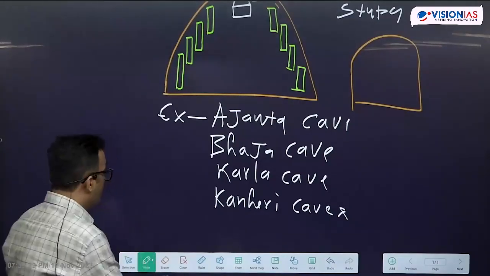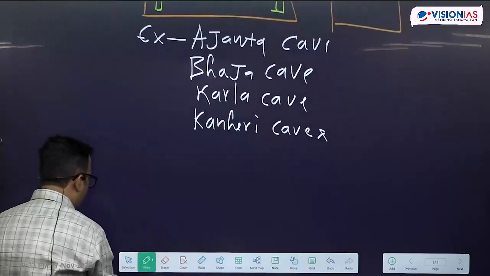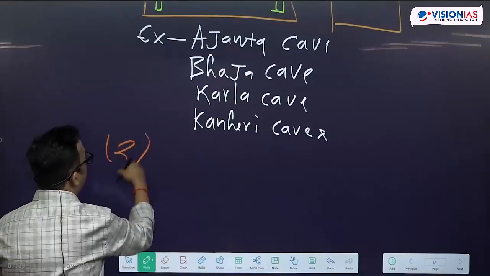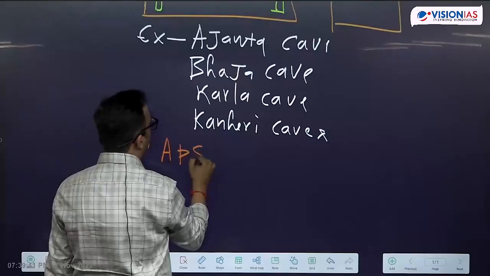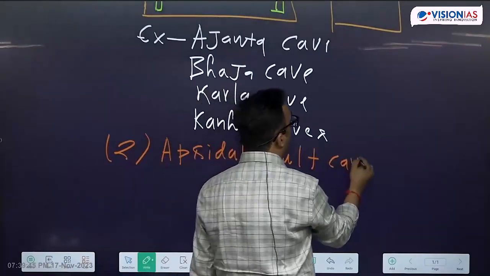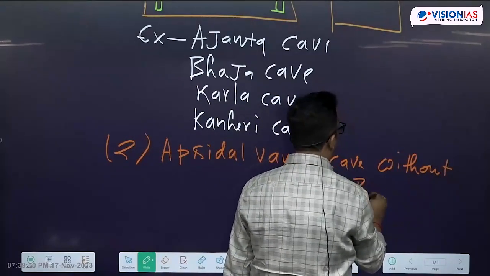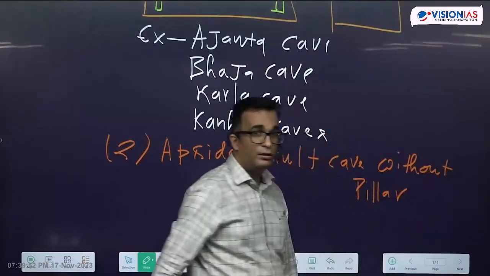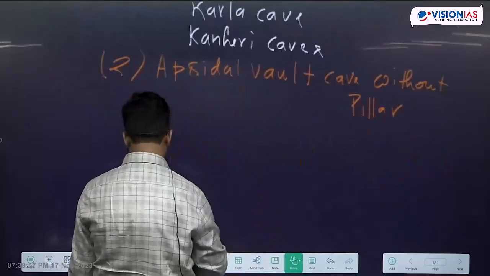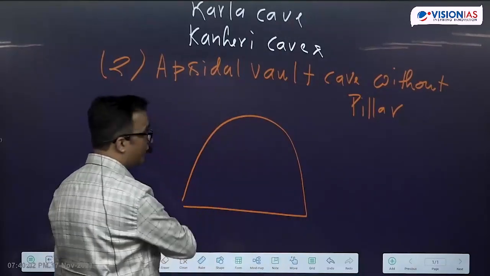Now the second category of cave. Meanwhile you're writing the examples, I'm writing the second structure which was prevalent at this time. Number 2 is the apsidal vault cave without pillar. Easy, okay? So the shape is similar, but it has no pillars. Same structure without pillars.